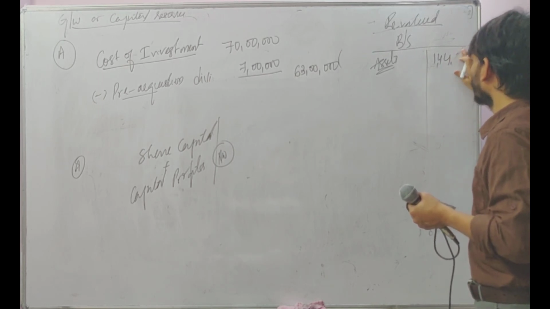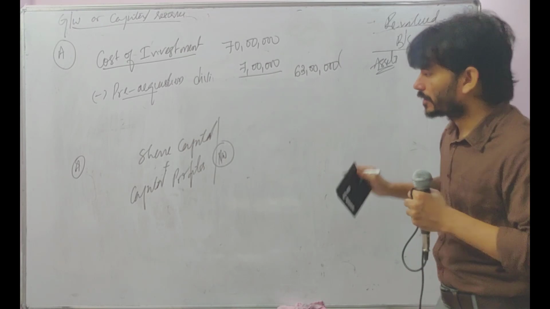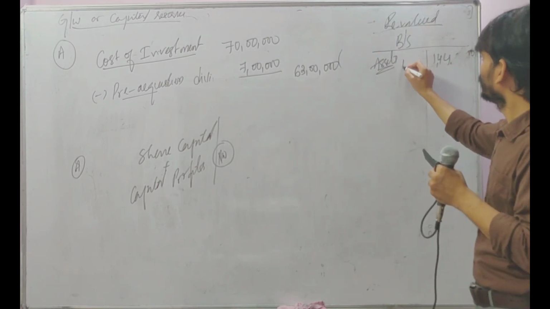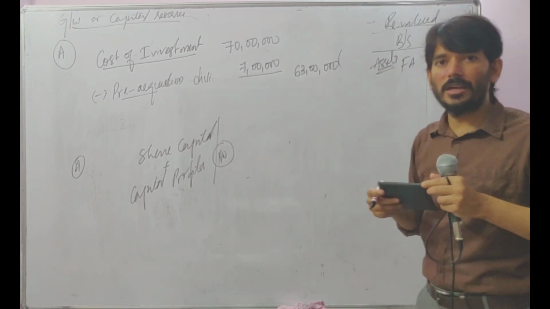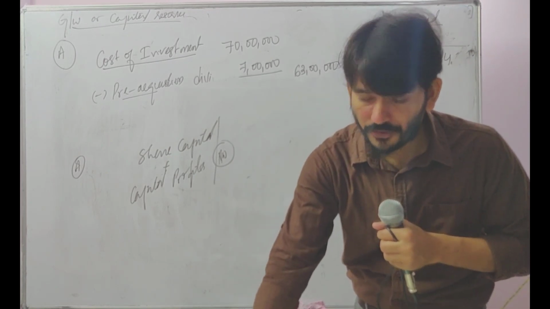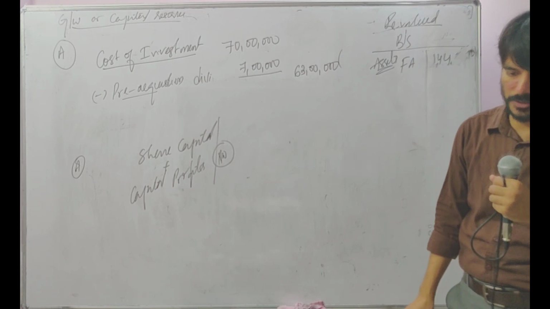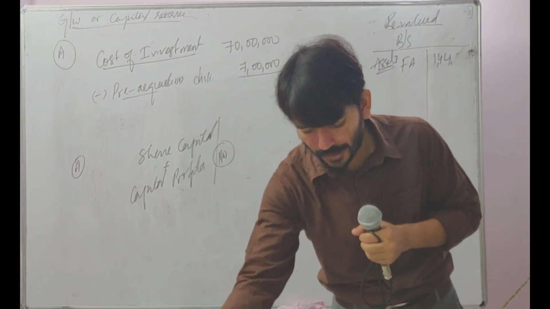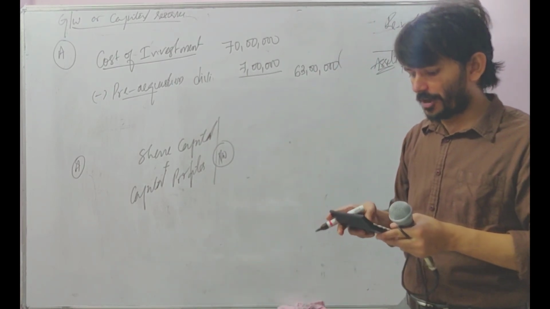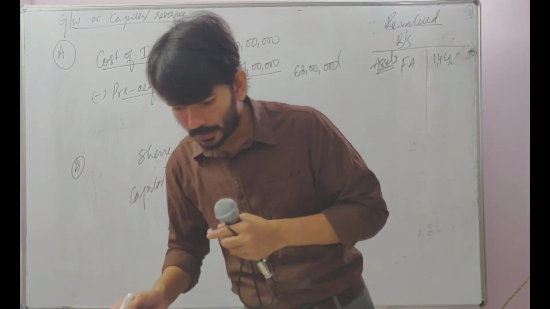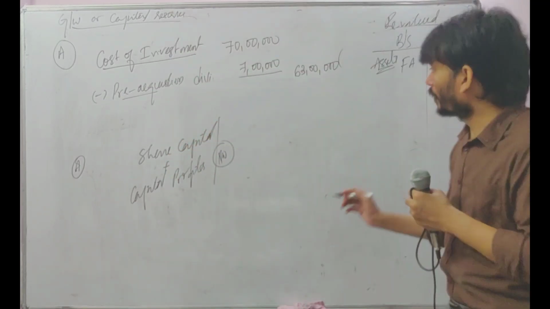Okay, I will put it at the end only. The valuation has been done on the date of acquisition. And then investments 55, there is a decrease of 10%, 55 minus 10%, 49.5.